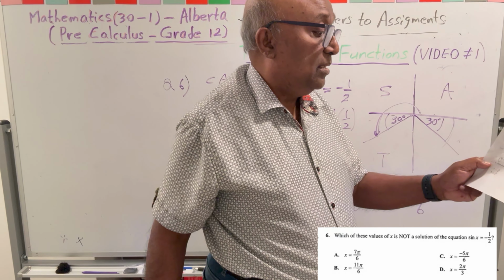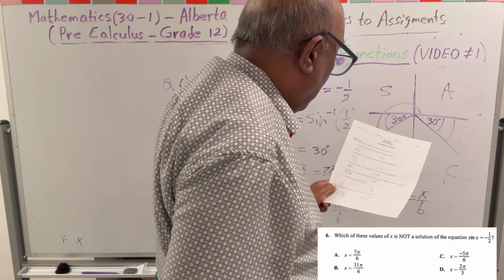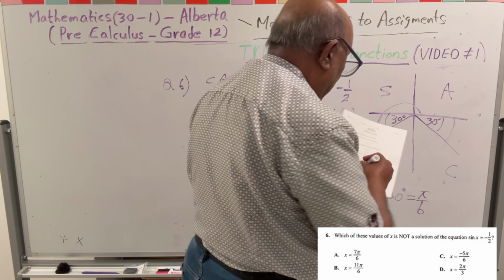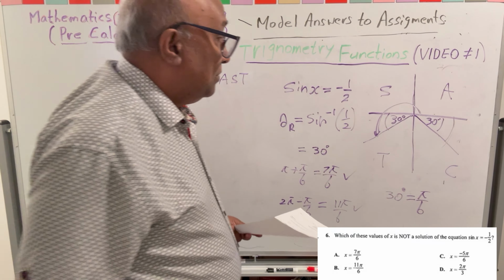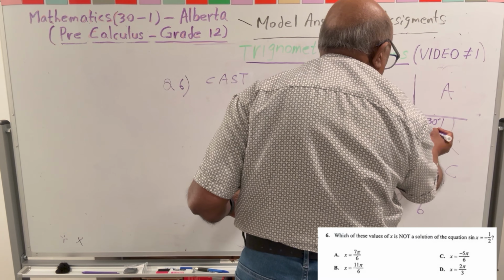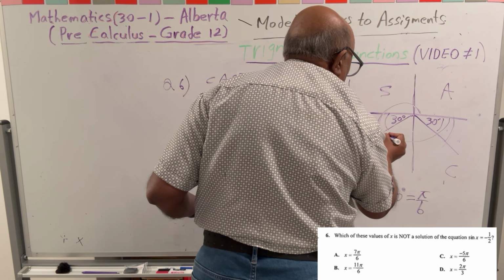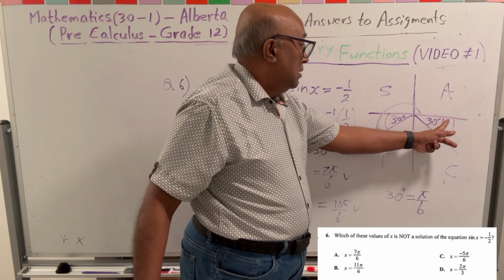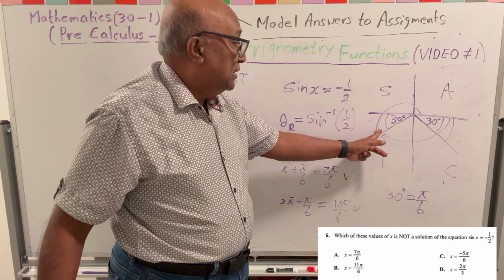Let's do the guess and elimination method. C. In order to understand C, let's take the negative value. Because C has a negative value, negative pi by 6. That means let's read in this way. This is not. What about this angle? In magnitude, this is pi. This is pi by 6.